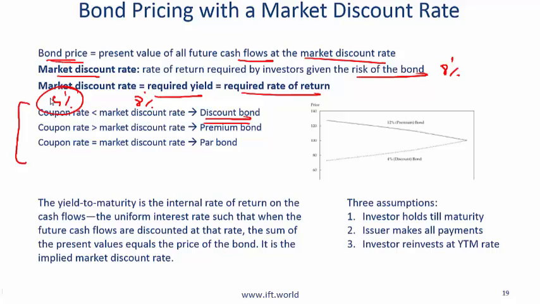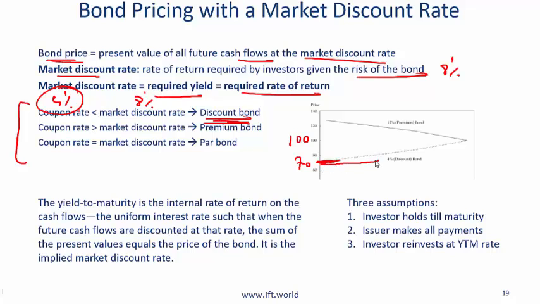So the coupon rate is less than the market rate. In this situation, the bond issued is called a discount bond. The value of the bond will be less than par value. If the par value is 100, then the bond is going to be issued at less than 100. So in this scenario, this is 100 and this is something like 70. So the bond is issued at a discount.